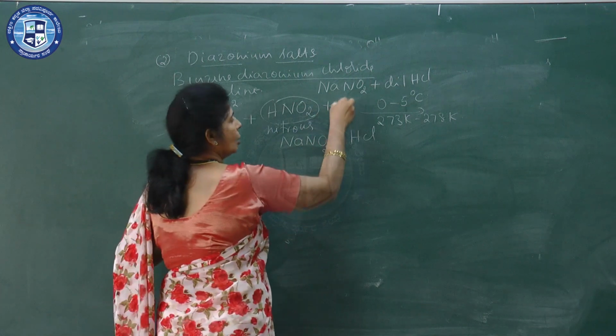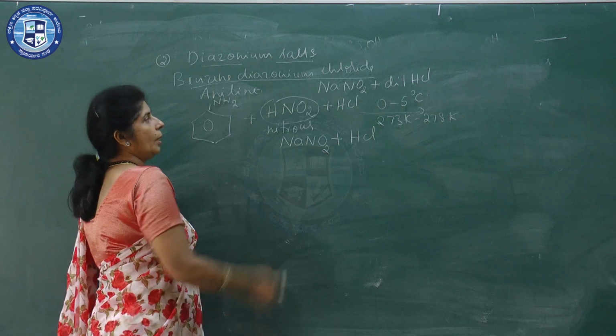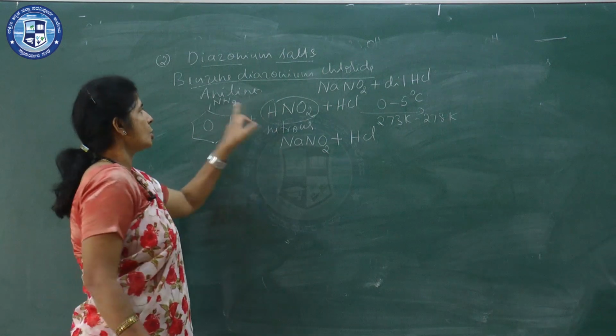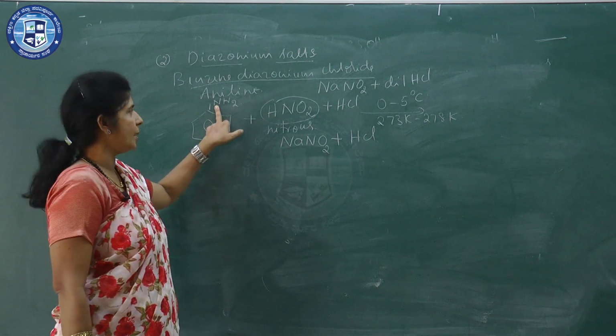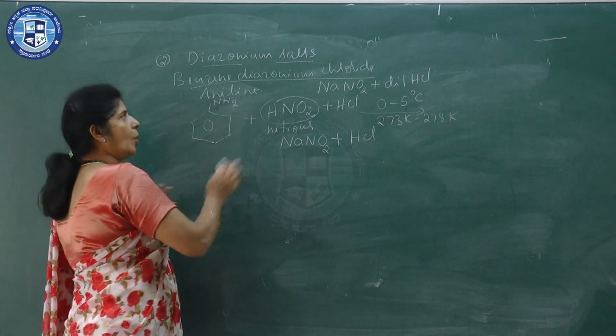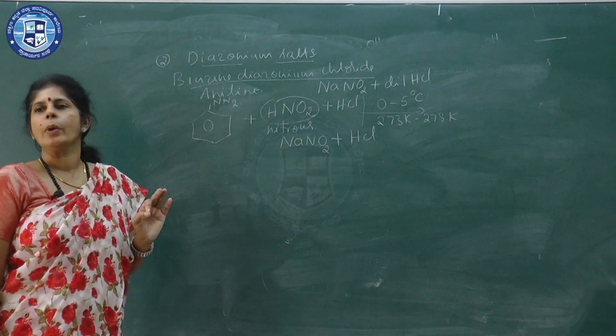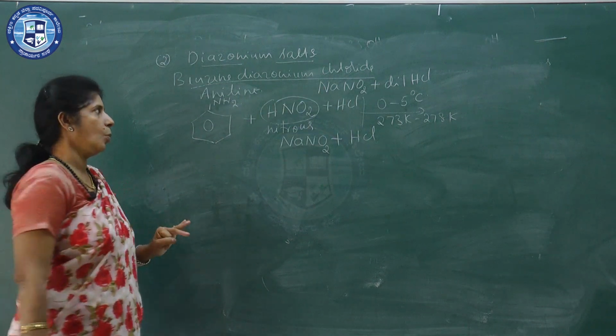I am taking H and Cl. Right? The NO2 group has to enter into the system. Already one N is present on the ring. This N also has to be attached. So overall, from these three chemicals, we are removing two water molecules.